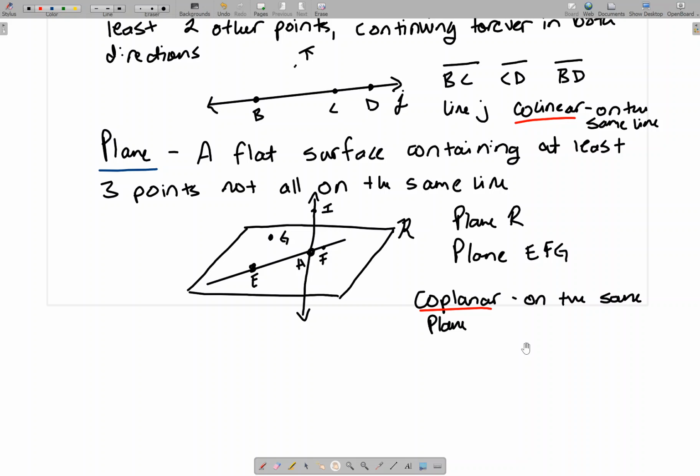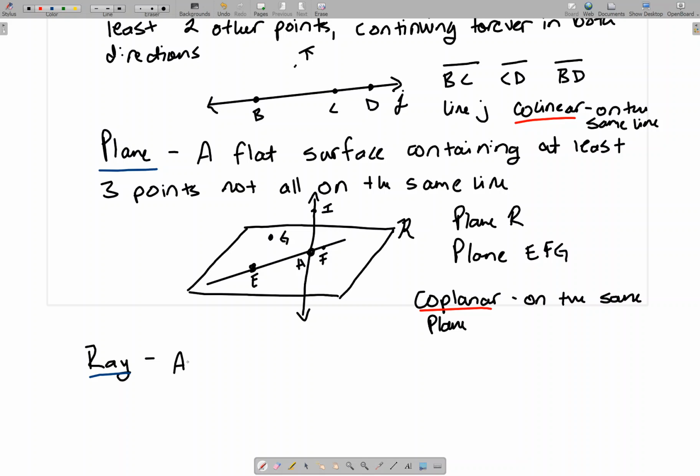Okay, so the last definition I really need to go over with you is for something called a ray. A ray is exactly half a line, which is a weird definition, but I'll give you a different one to start and I'll explain why half a line works.